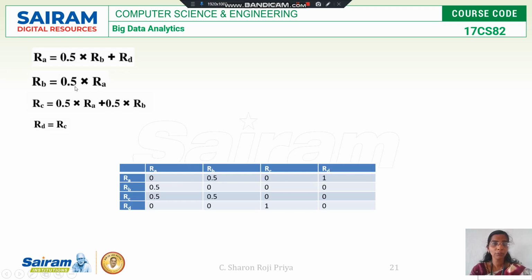Similarly, I have 0.5 for A, rest everything is 0. Here 0.5 for A and B, rest everything is 0. Here 0 for A, B and D, and for C it is 1.